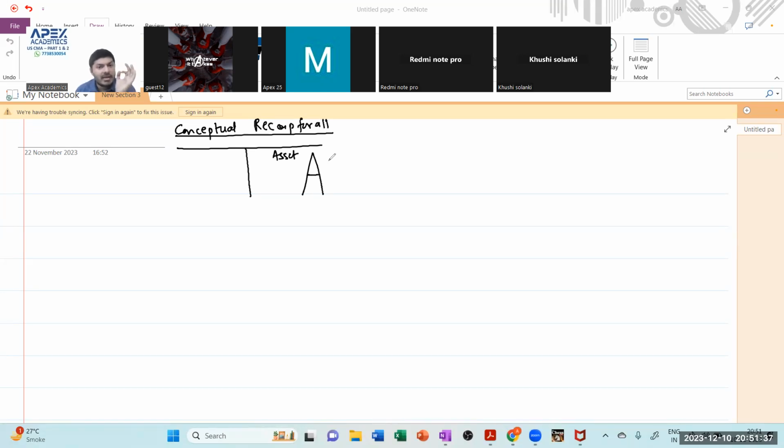These assets comprise non-current assets, which are your property, plant and equipment, meaning nothing but your fixed assets, your non-current investments, your intangible assets, and goodwill.